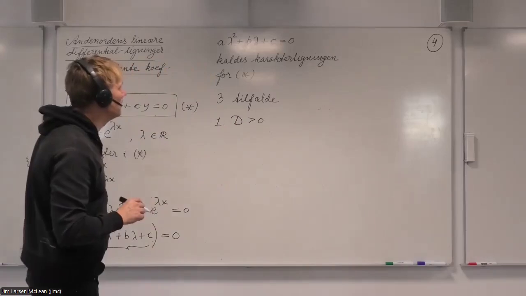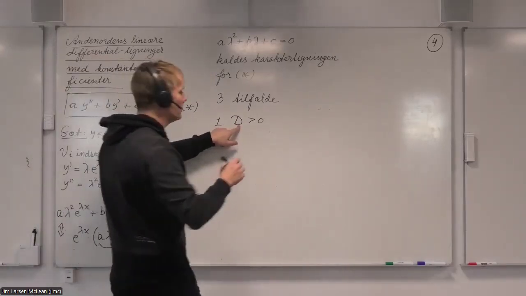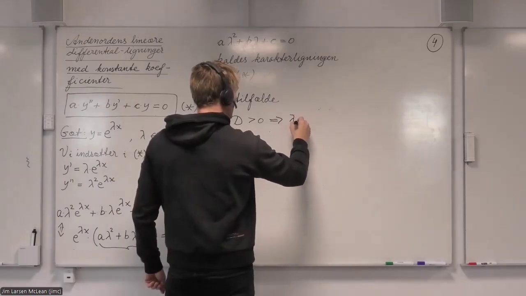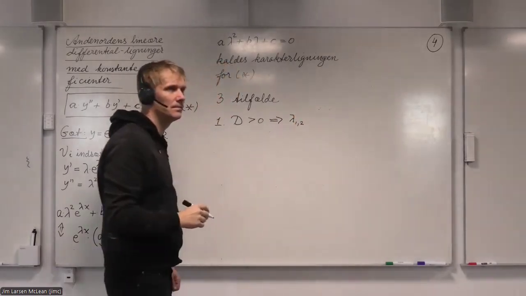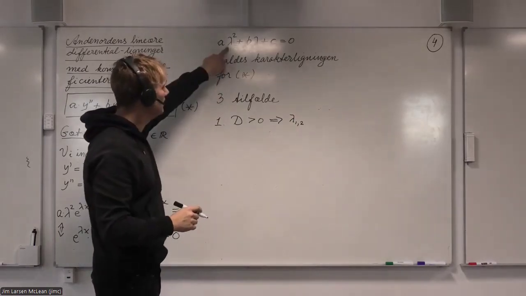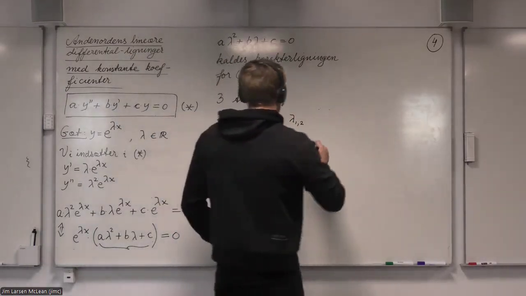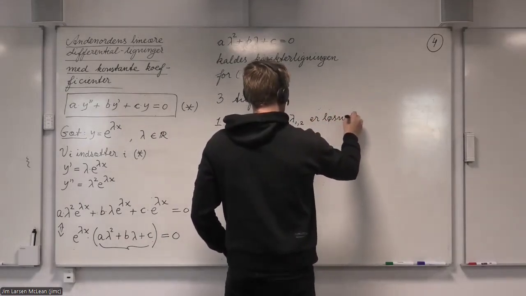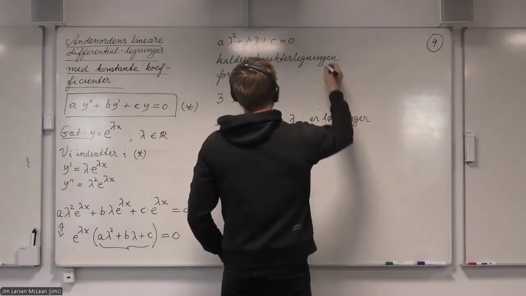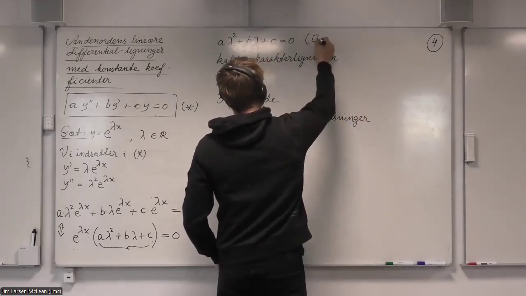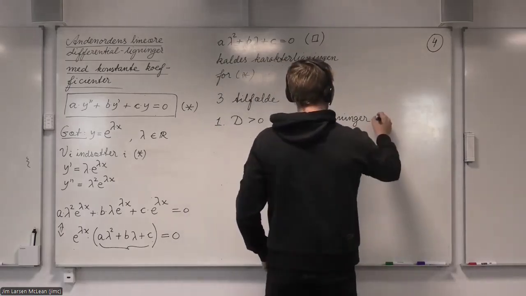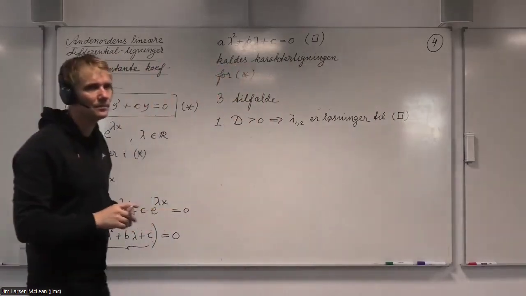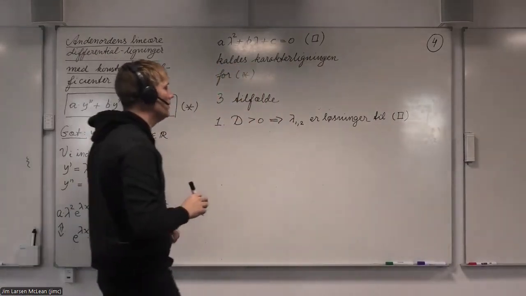So if the discriminant is greater than 0, what do we know then? We know that there are a lambda 1 and a lambda 2. There are 2 different lambdas that solve that equation. Thus, lambda 1 and lambda 2 are solutions to the quadratic equation.